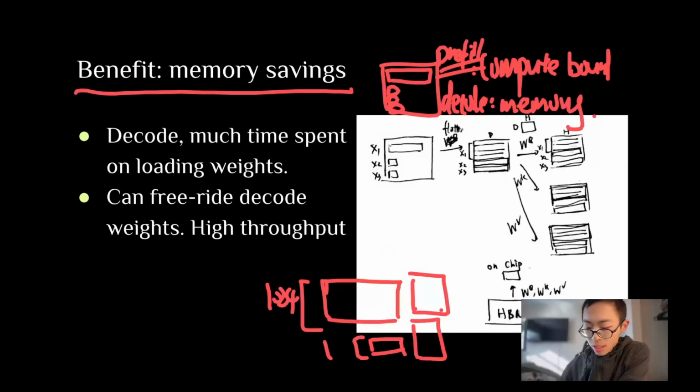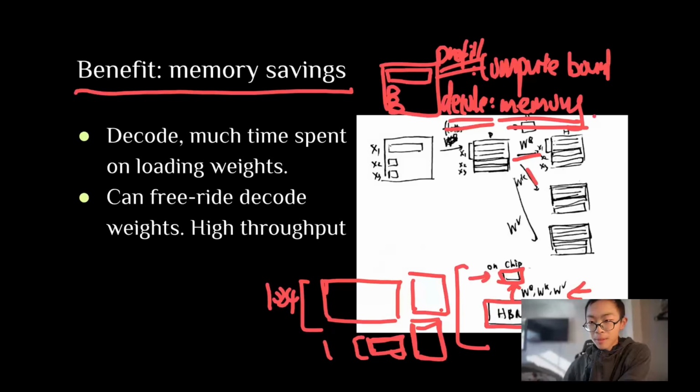Then for decode, most of the time is spent not on computation, but on loading the weights WQ, WK, WV from the global memory to the on-chip memory. Those weight matrices are pretty big, and to compute with them, we need to load them to the smaller on-chip memory. Since the compute is very minimal, this loading becomes proportionally large.